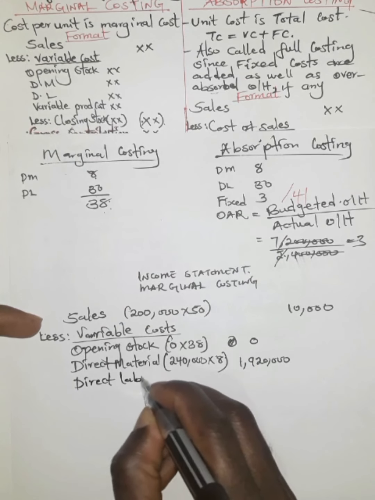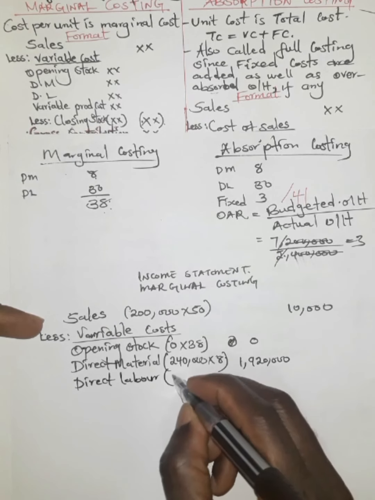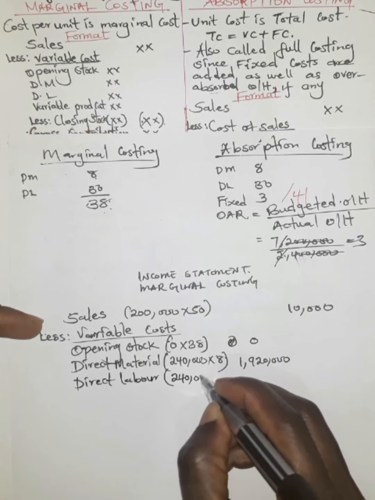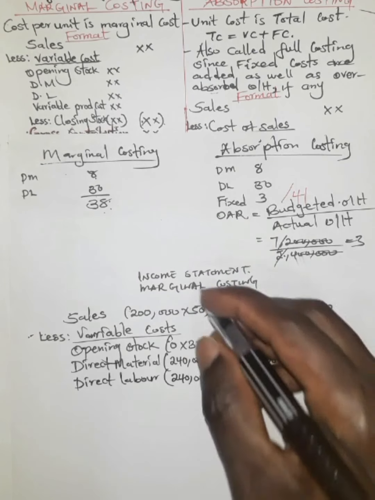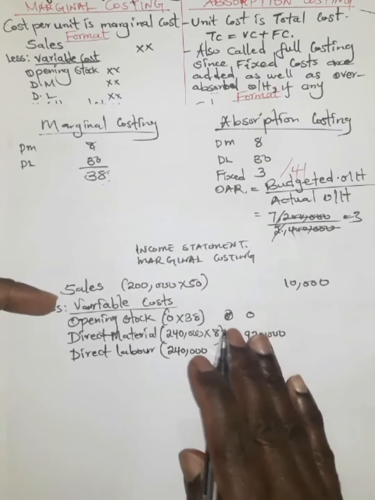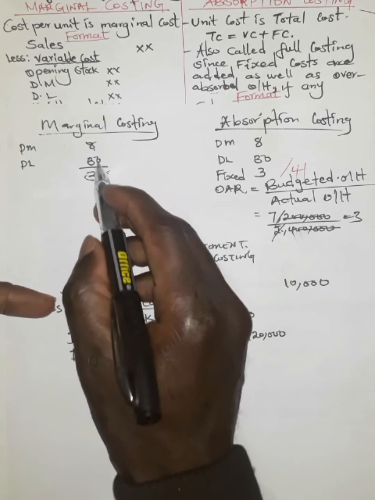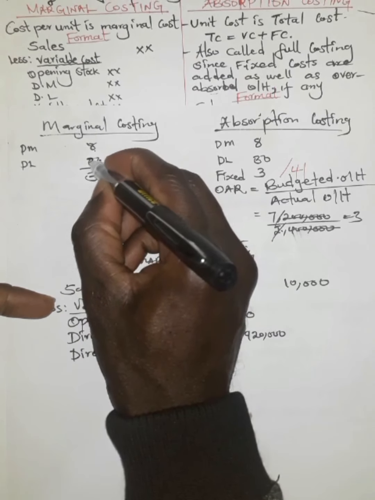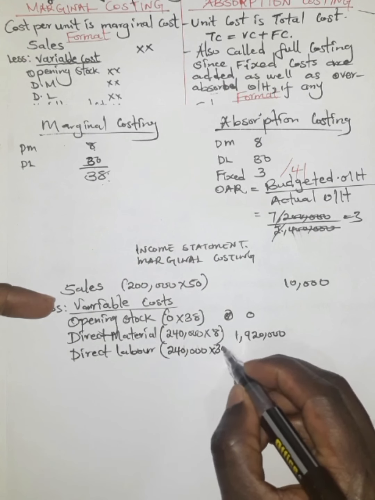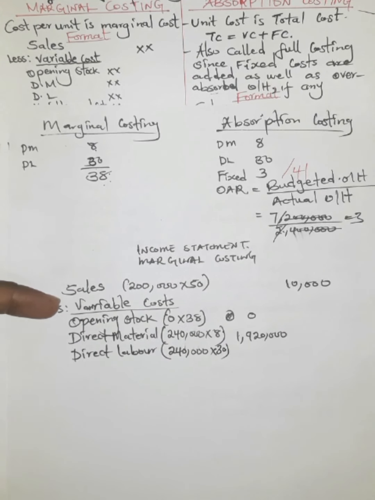Direct labor. Same units that were produced; labor forms part of the unit because labor is a factor of production. So you use the same units times 30. When you multiply the two, we should have a value of 7,200,000.